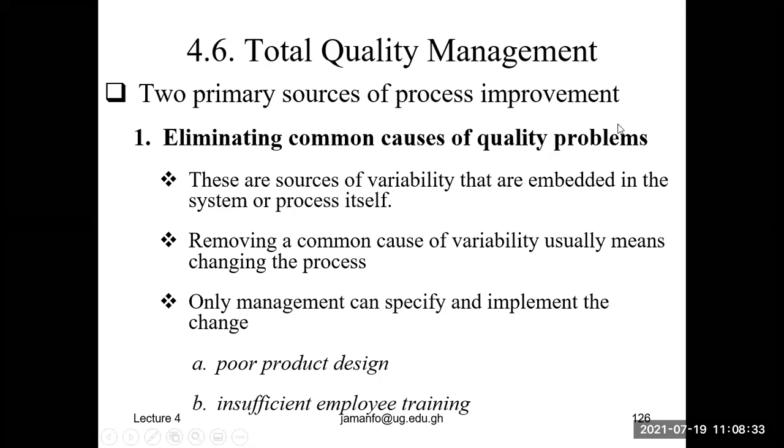So to eliminate quality problems, we need to tackle the sources of variability. And we can tackle variability by eliminating common causes. They are the sources of variability that are embedded in the system or the process itself. Removing a common cause of variability usually means changing the process.